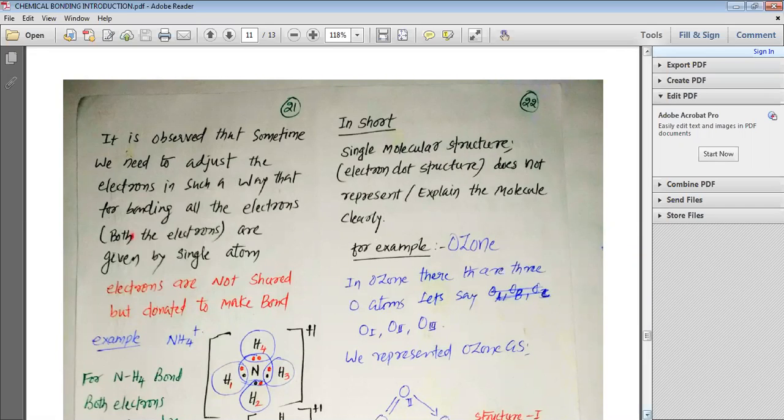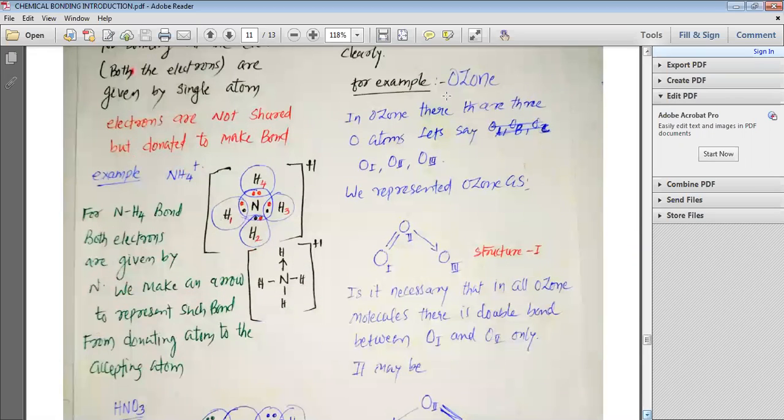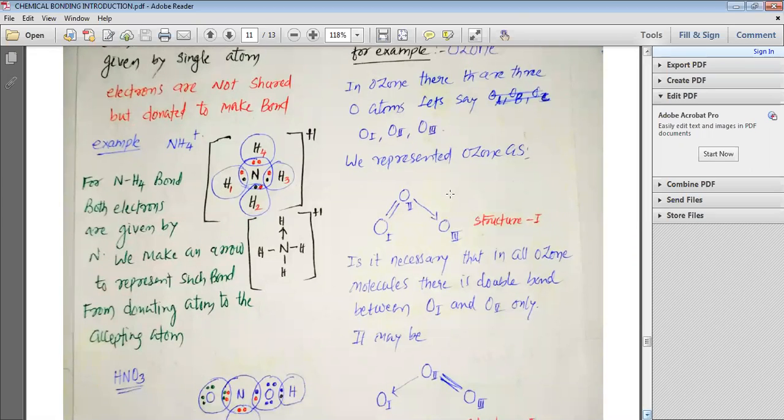For example, if you think about ozone, in ozone there are 3 oxygen atoms. Let us call these 3 oxygen atoms O1, O2 and O3. We have represented them previously in this manner, that there is a double bond between O1 and O2, and for the other bond the electrons are donated by O2.